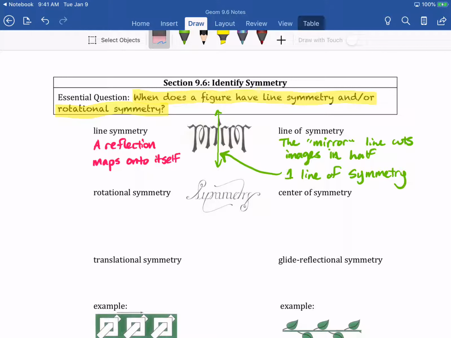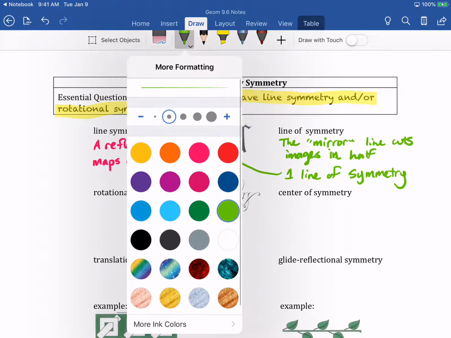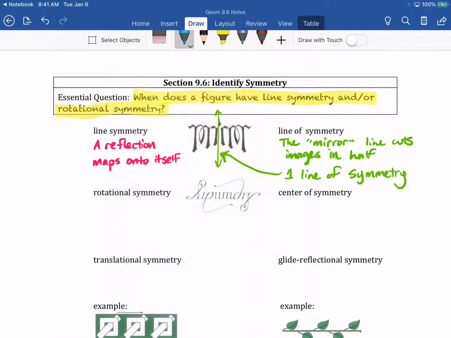That is cool looking, but a little bit hard to read. So we'll just do plain old blue. So it's a rotation that maps onto itself. If we look at the word symmetry up above, it has rotational symmetry.